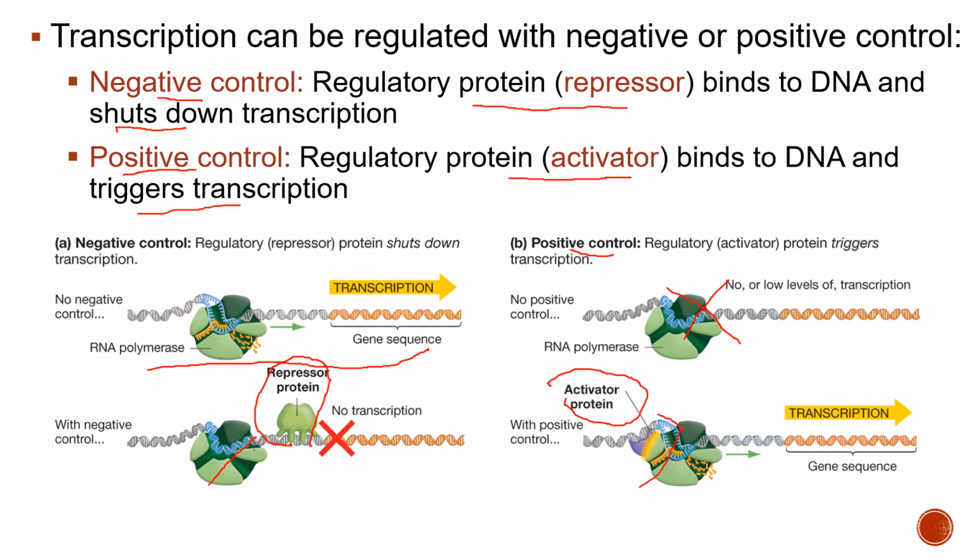If the activator protein attaches to RNA polymerase or to something, then and only then do we get transcription. In general, some genes have negative control, where they are constantly being made unless a repressor is bound. Others only get expressed if they're activated to do so. As we talk about some examples, we'll look at both of these types of control.